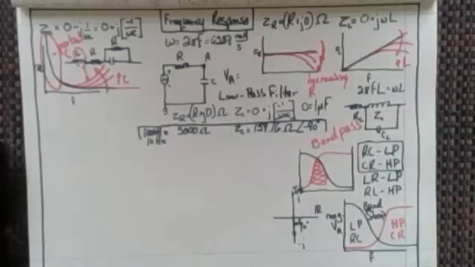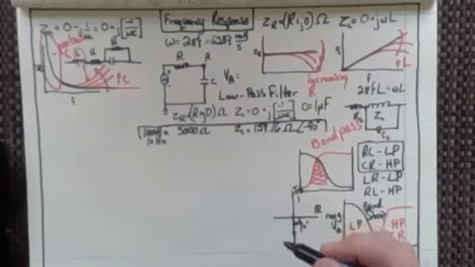So 10 times 2 pi is going to give me 62.83, right? So 62.83 times 1 microfarad, and then taking 1 over that, that gives me 15,916.